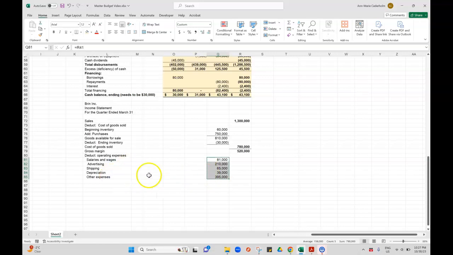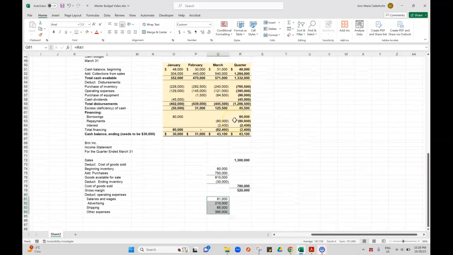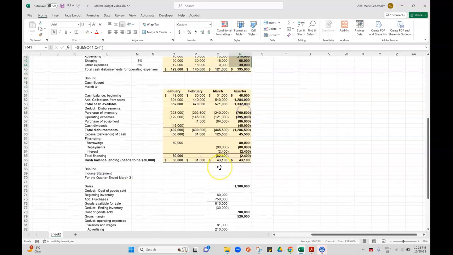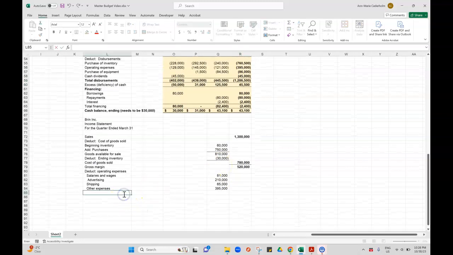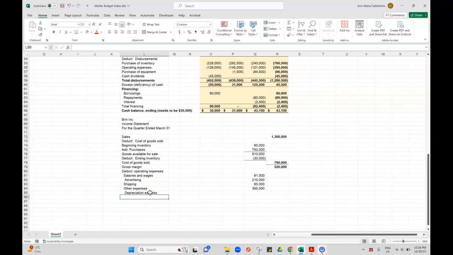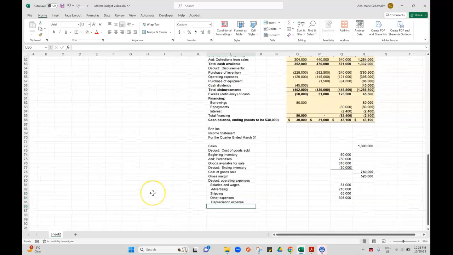Oh, silly me, I didn't even calculate depreciation. Here we go. So those are those four down there. That's just from this schedule. So I'm going to have to calculate the depreciation expense. We have to see what that amount is, see if they tell us.